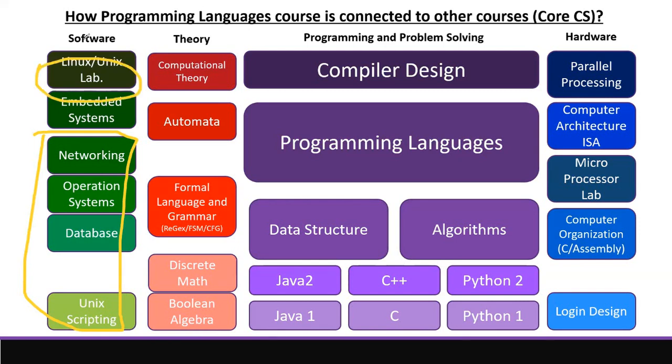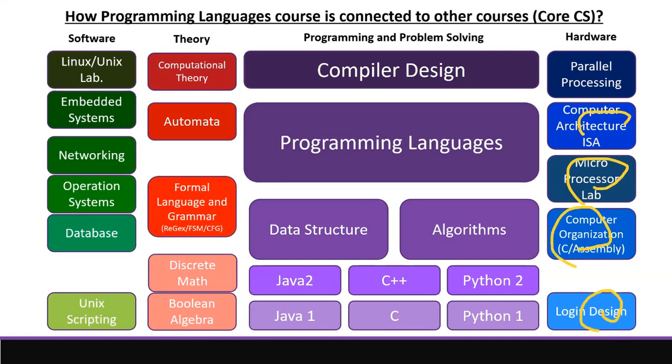There's another track for hardware, which some schools don't teach because they are computer science students, but computer engineering students usually need it: logic design, computer organization, microprocessor lab, computer system architecture, parallel processing, distributed systems. So this is my chart for the USC curriculum.